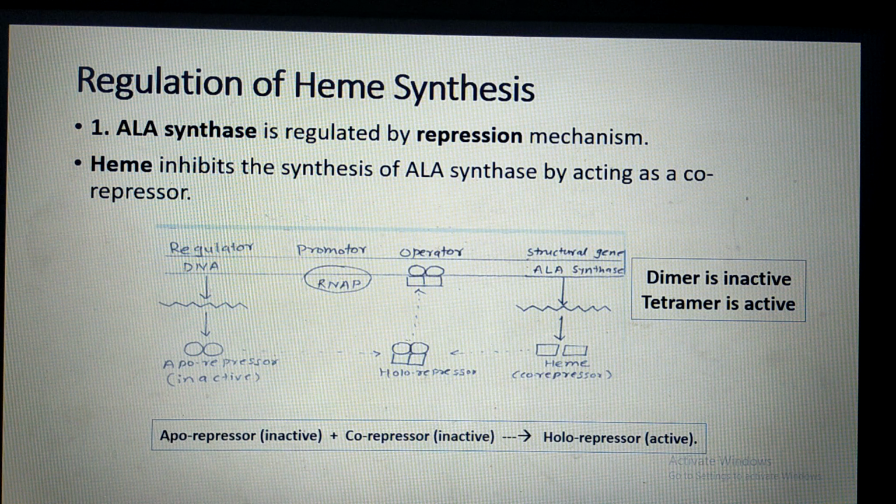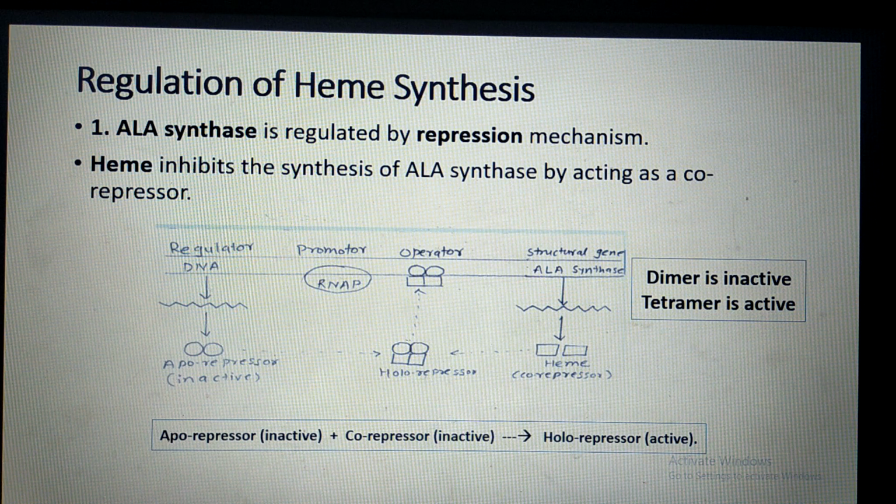Due to binding of holorepressor at the operator site, RNA polymerase, which is present at the promoter site, cannot move to the structural gene, that is ALA synthase.